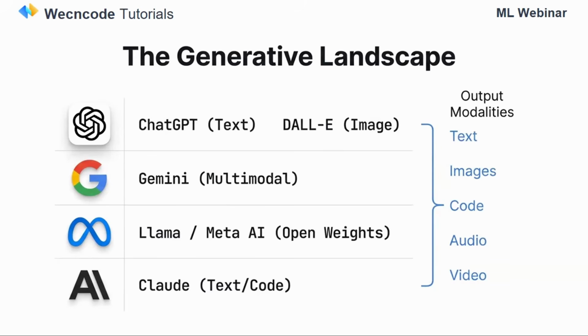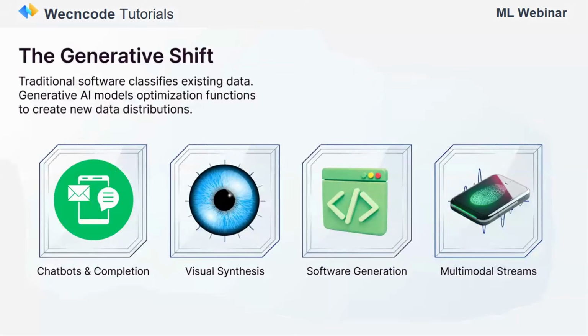So moving on to the next, we can see the generative shift. I believe some years back, a lot of us must have heard of tools like Grammarly. We might have heard of Quillbot. Back then, AI was not so popular, especially generative AI, the way it is now.